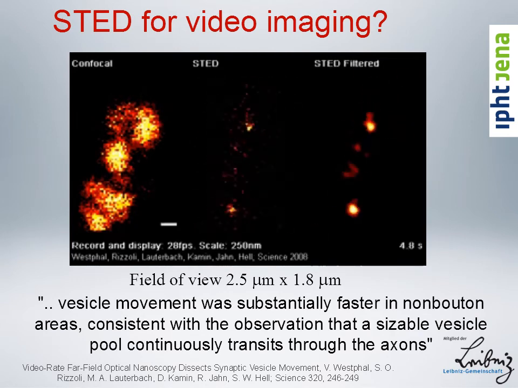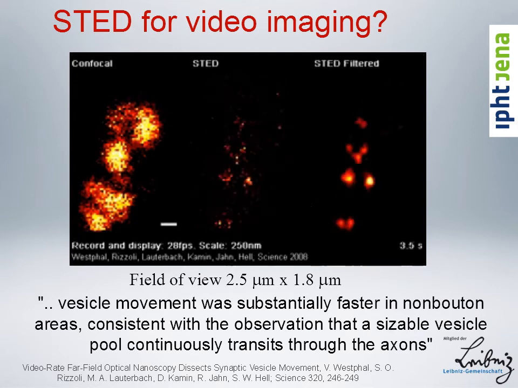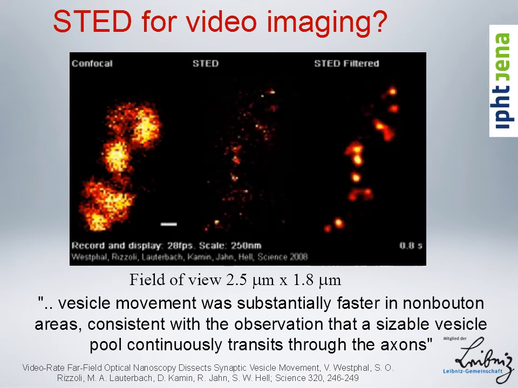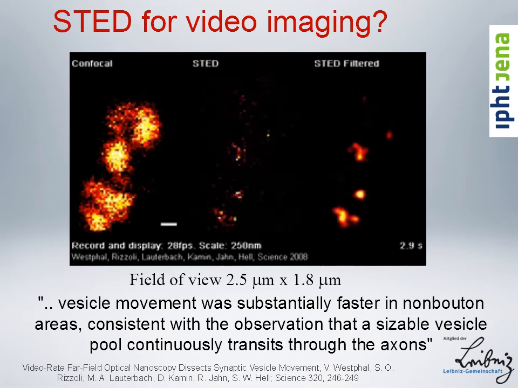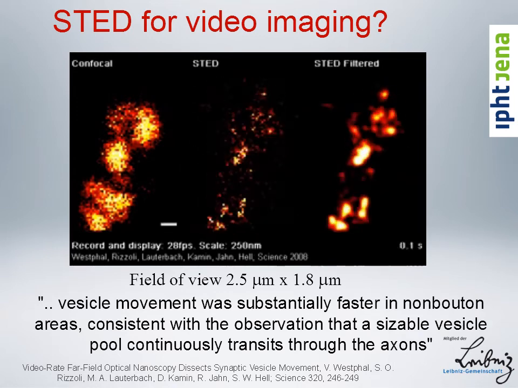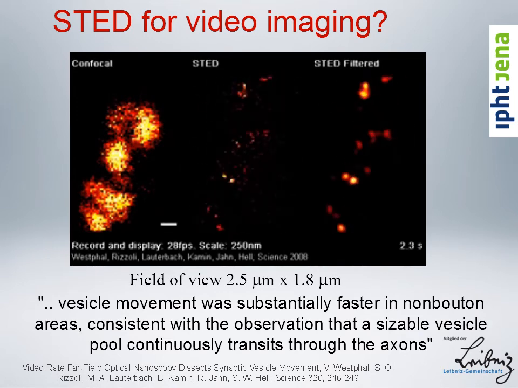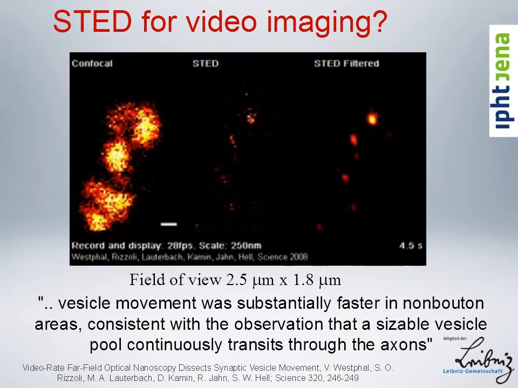The reason is the original STED microscope is a single beam scanning microscope, and the fluorophore emits only a photon on average every, let's say, 1.5 nanoseconds or something like this. And that means if you want to be fast, you need to squeeze out lots of photons from lots of places.